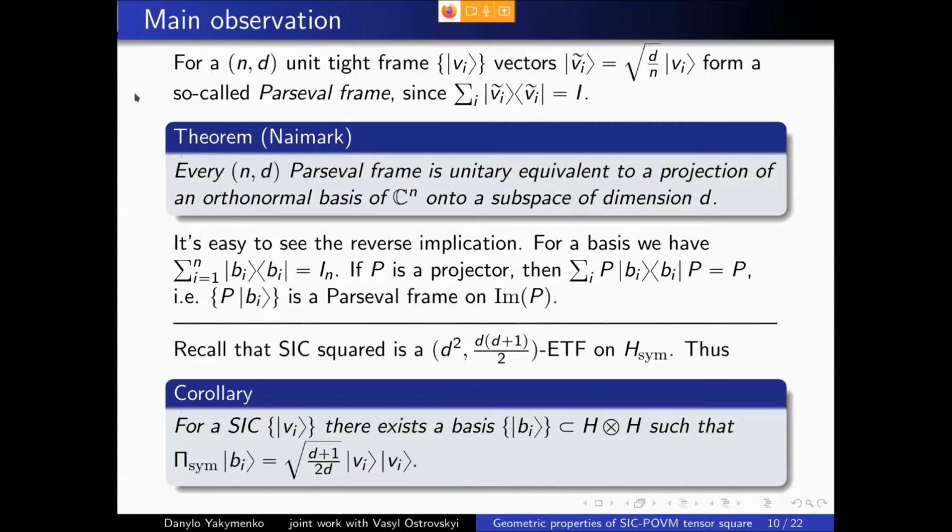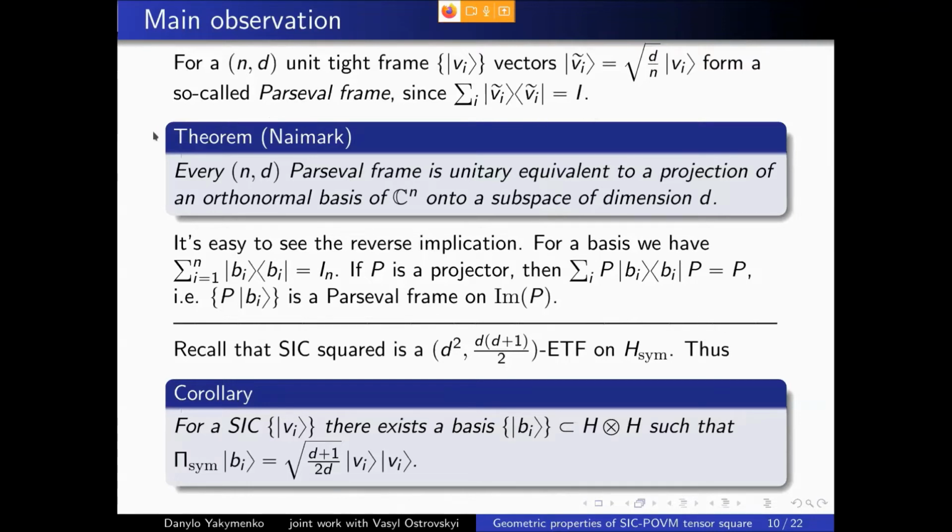And now let's look at our main observation. For every unit-norm tight frame, we can rescale the vectors so that they form what is called a Parseval frame, right? So it's where the sum of these elements is just an identity.